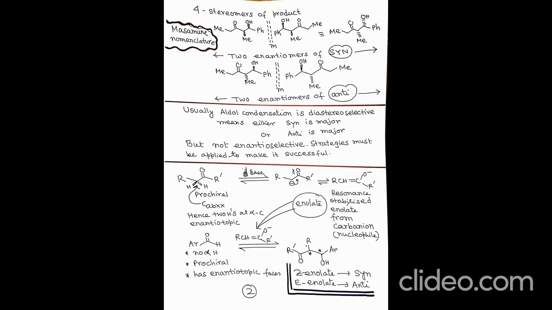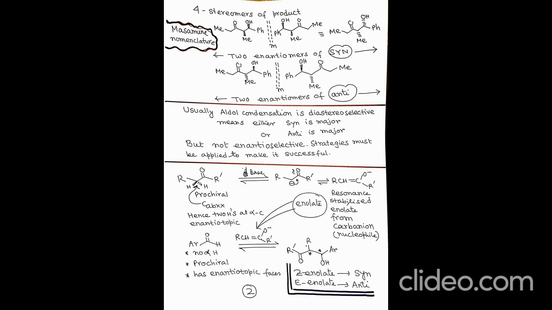All of us know that any compound having two different chiral centers will have 4 stereoisomers. So, in this context, our aldol product which we have got from 3-pentanone and benzaldehyde also will have 4 stereoisomers.